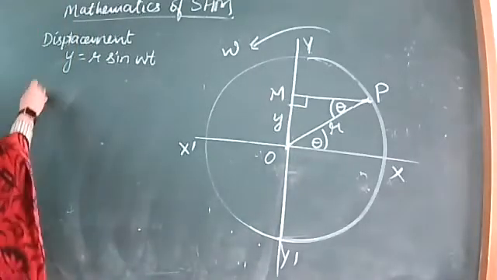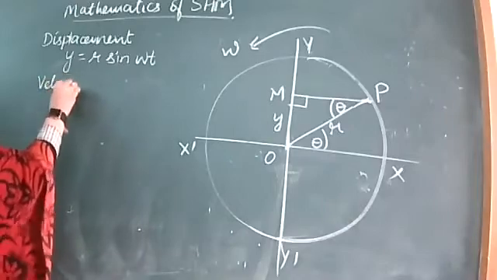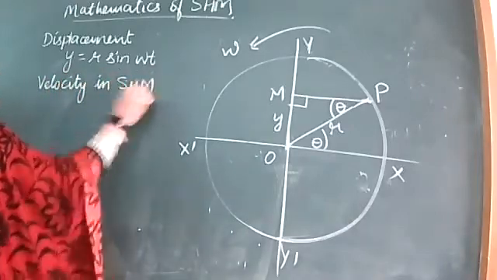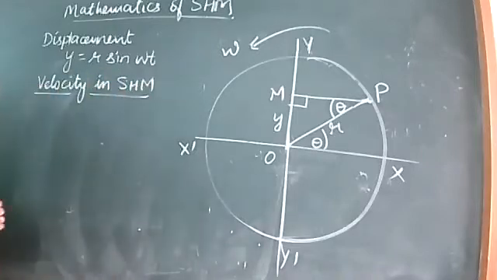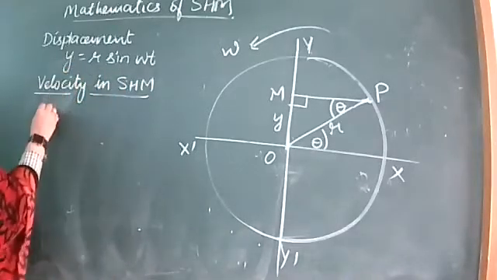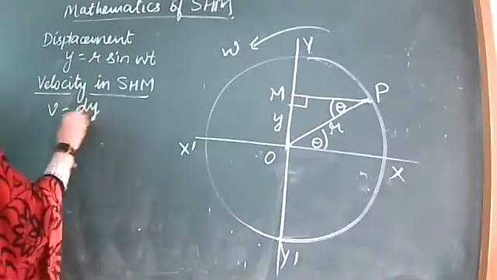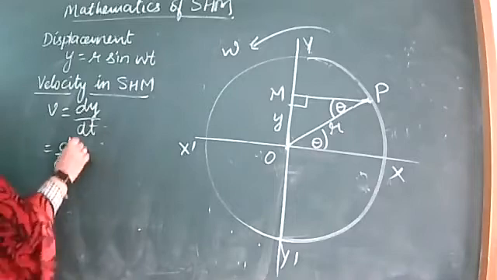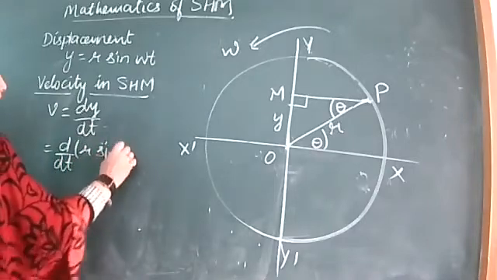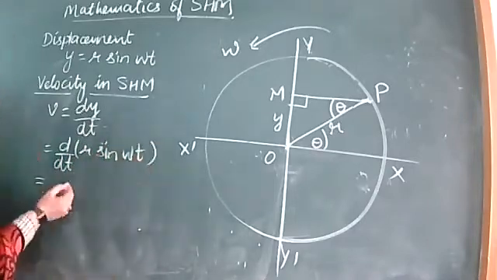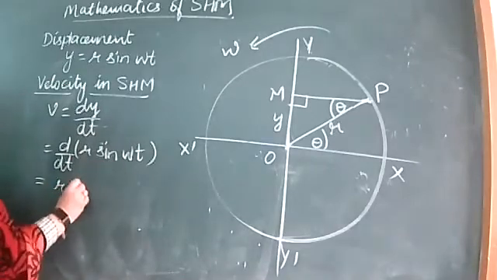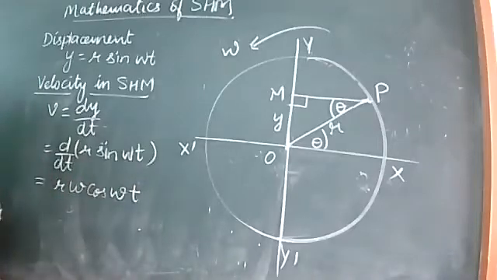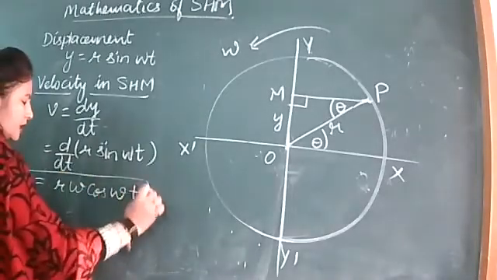Fine. Now we are going to derive velocity in SHM. So give this heading velocity in SHM. Velocity is rate of change of displacement. So differentiating this displacement equation, r sine omega t, it will be r omega cos omega t.